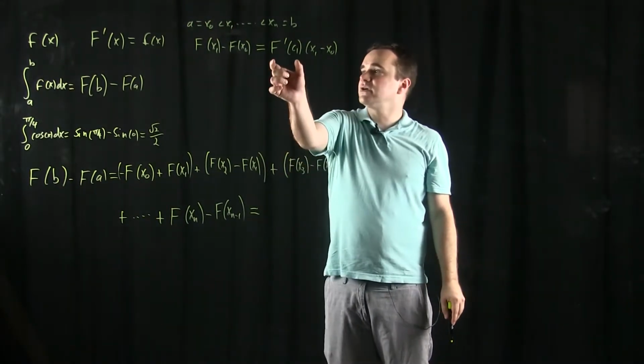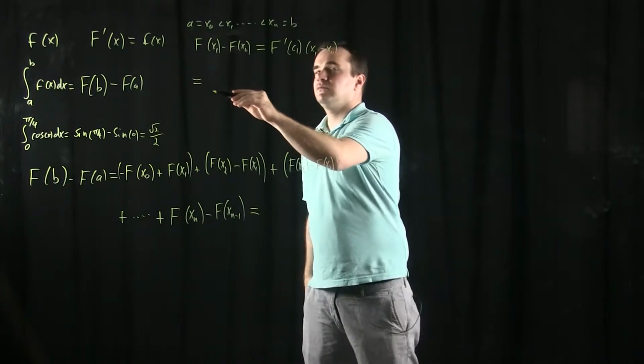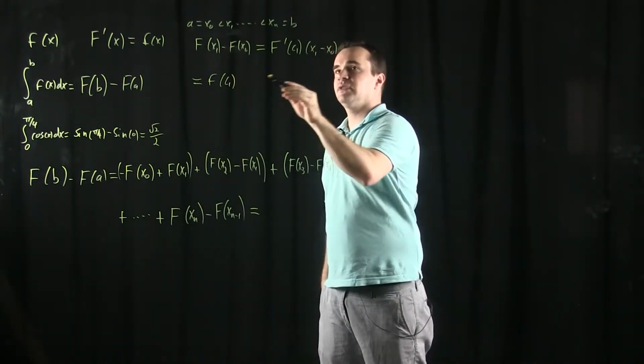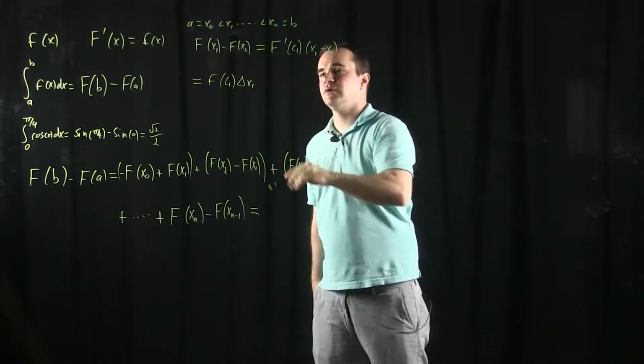But this function is an antiderivative for f of x, so I can rewrite this as f of C1. And x1 minus x0 is nothing but delta x1.